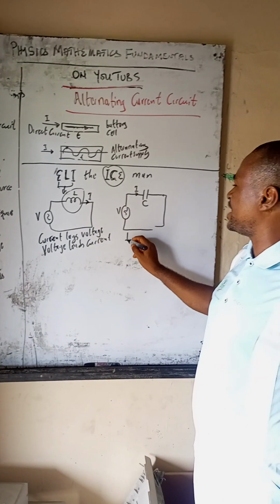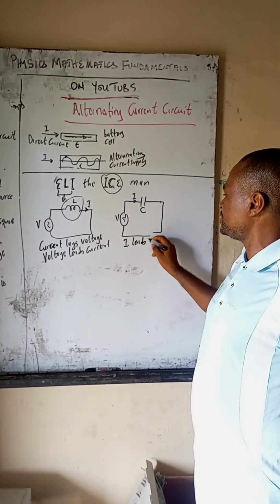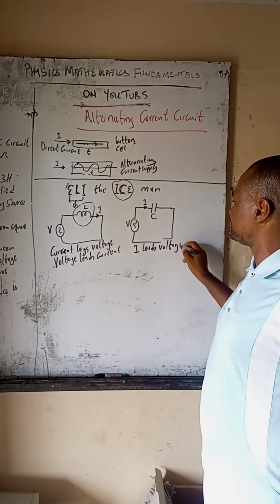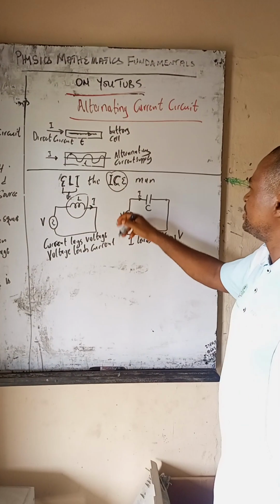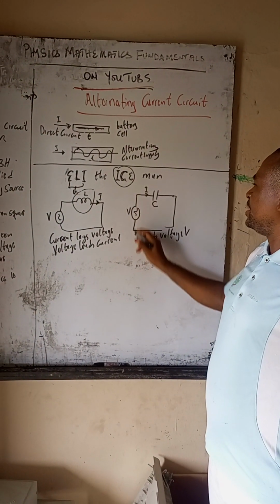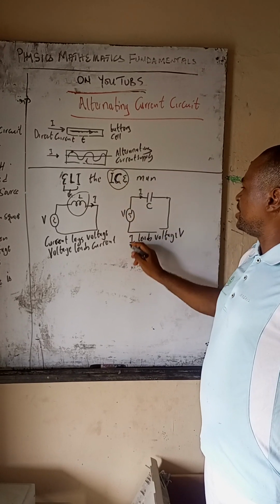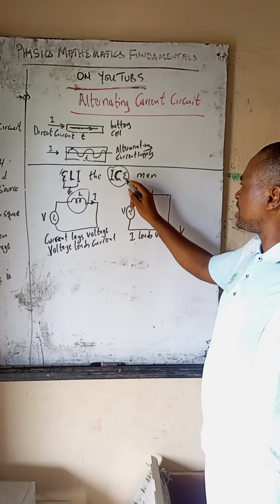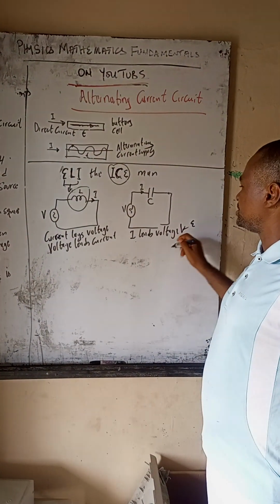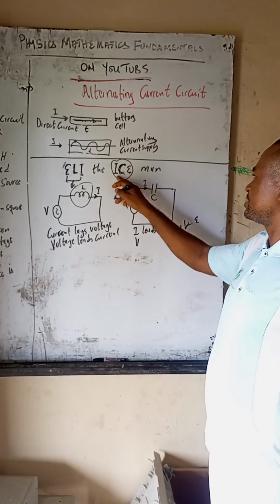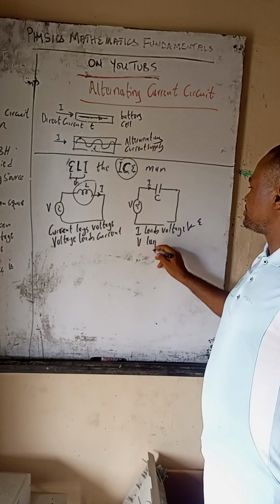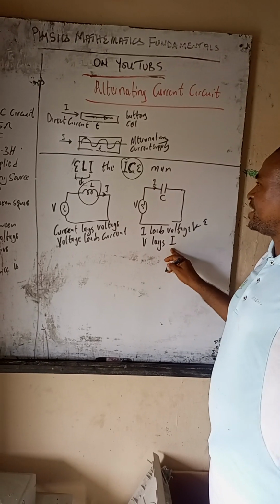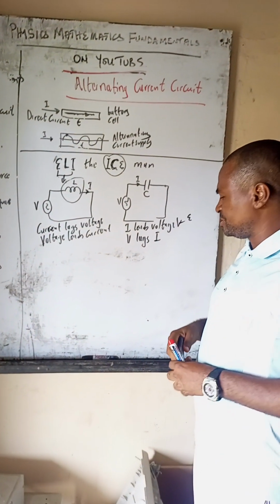We say current I leads voltage V, or we can say voltage V lags current I. This E is also the same thing as the voltage.